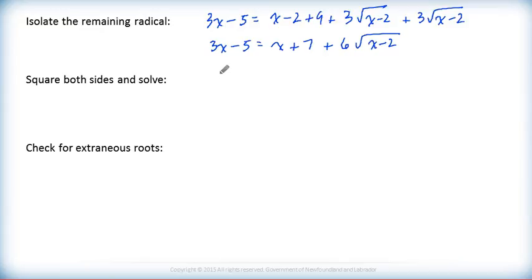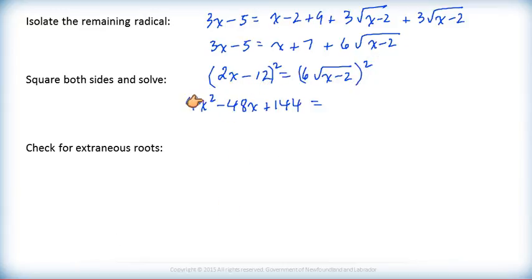I now have to isolate the 6 root of x minus 2. So I subtract x from both sides, which gives 2x, and subtract 7 from both sides, which gives 2x minus 12 equals 6 root of x minus 2. Now I square both sides again to get rid of that last root. Squaring the left side, 2x minus 12 times 2x minus 12, I get 4x squared minus 48x plus 144. On the right side, I square the 6 to get 36, and I get x minus 2 because I lose the root.